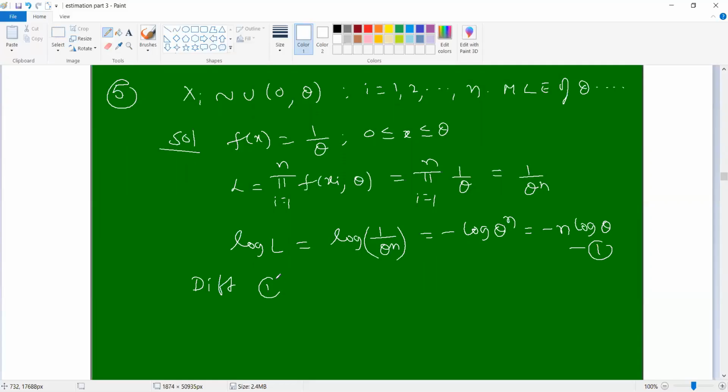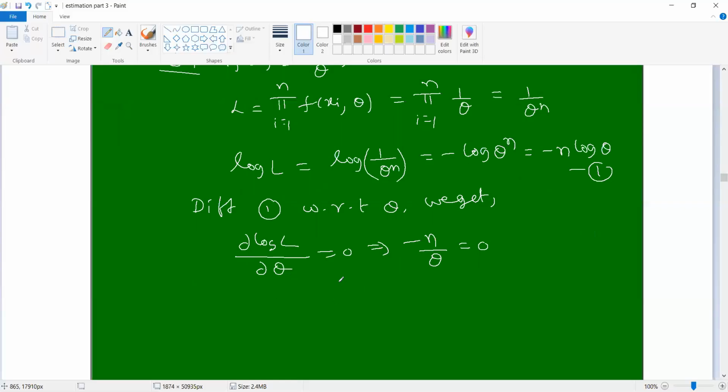Differentiate 1 with respect to theta. We get dou log L by dou theta is equal to 0, which implies minus n by theta is equal to 0. From this, theta cap is equal to infinity.